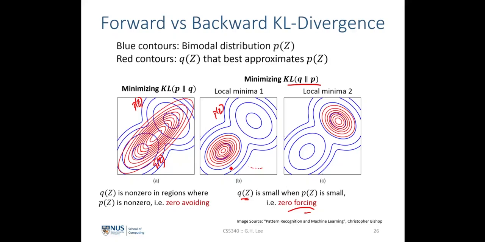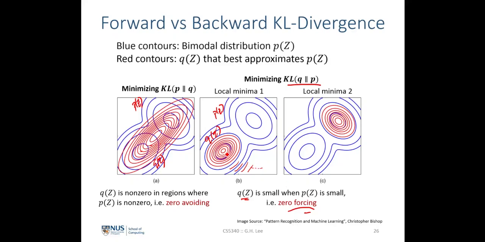So we can see that this unimodal Gaussian distribution over here that represents Q of Z must fit into a region where it takes a low value when the target distribution is also low. Since we are using a unimodal distribution Q to approximate the bimodal target distribution P, we will end up with two solutions where it could be 0 forcing.